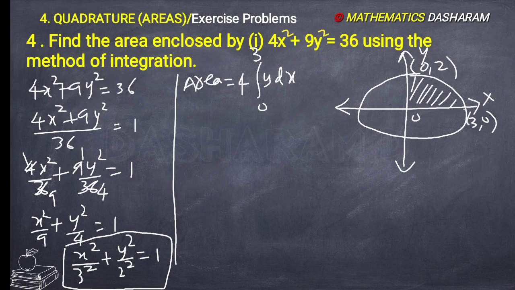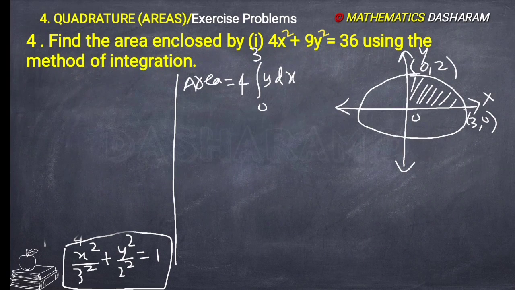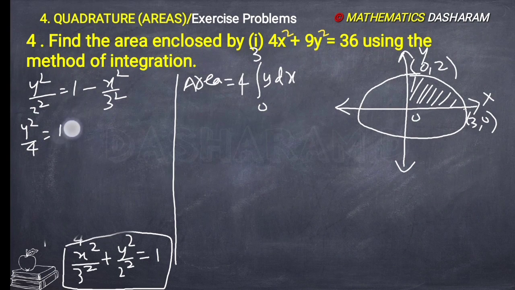But what is the y value? See here, this is actually the equation x square by 3 square plus y square by 2 square equals 1. So y square by 2 square equals 1 minus x square by 3 square. So y square by 4 equals 1 minus x square by 9.